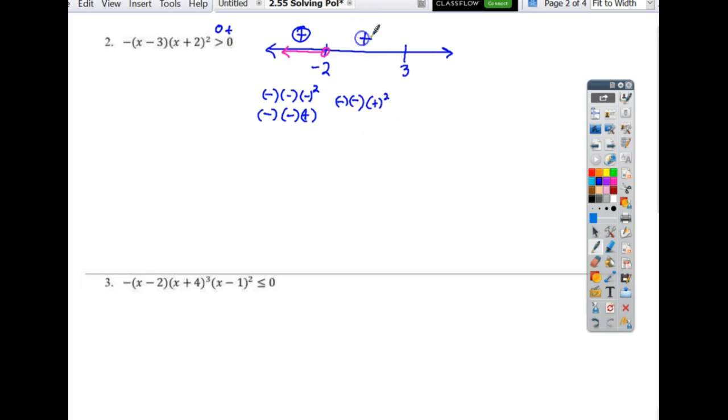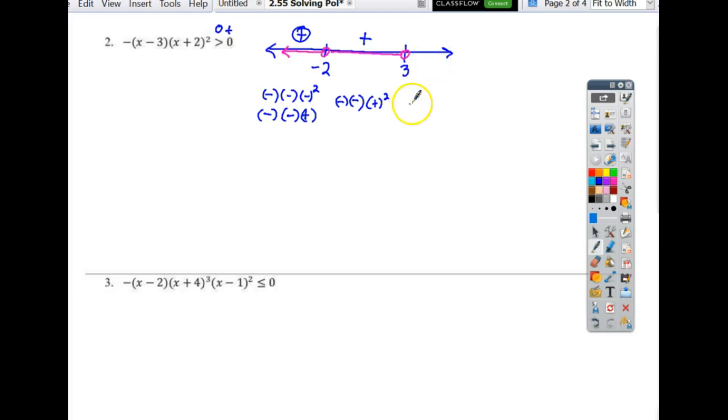So this ends up positive. So this also gets included. But -2 doesn't get included and neither does the 3. So those get brackets.